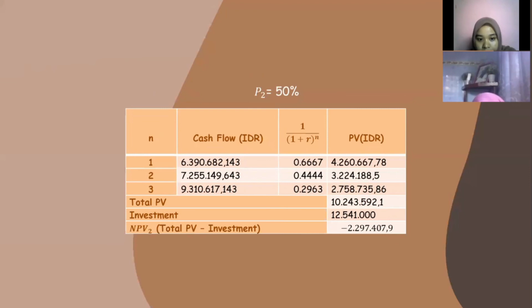And then we get the total PV is 10,243,592.1, and then the NPV2 is equal to minus 2,297,407.9.